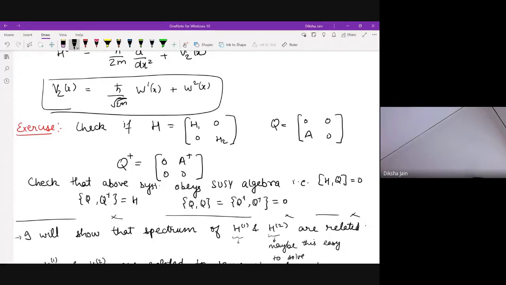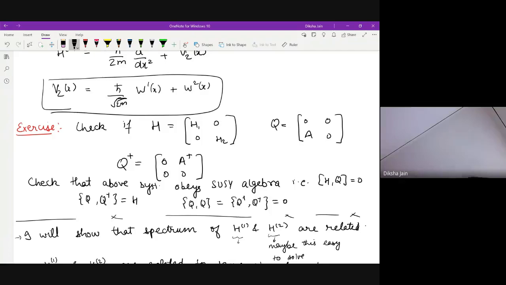It's like in the supersymmetric harmonic oscillator. The supersymmetric harmonic oscillator was a supersymmetric system, but you could have decomposed its Hamiltonian in this way, where H1 was the bosonic Hamiltonian of the bosonic harmonic oscillator, and H2 was the Hamiltonian of the fermionic harmonic oscillator.